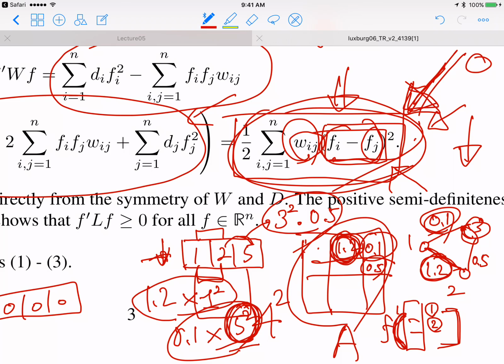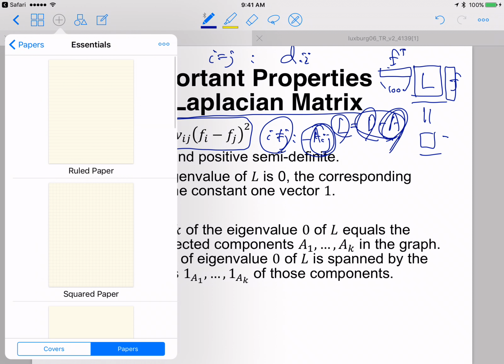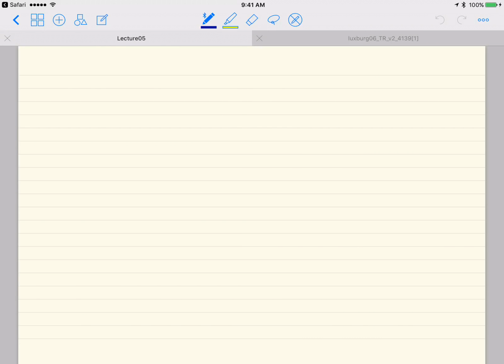Okay, and now let's consider the special case, because we are handling clustering. Let's think about a cluster example. We have 7 nodes, and what would be the ideal clustering pattern?